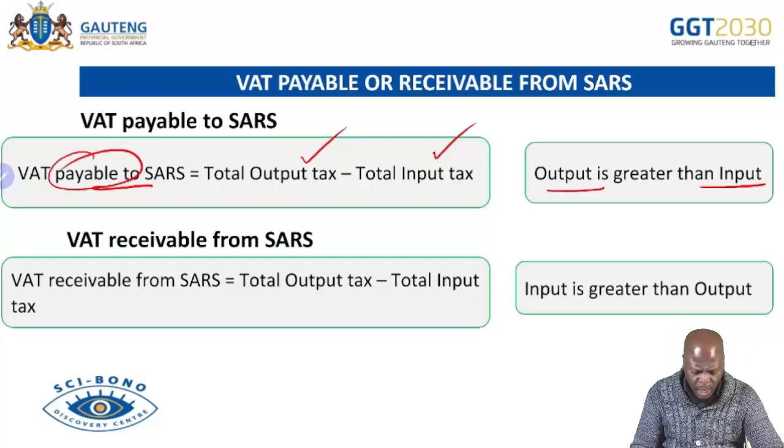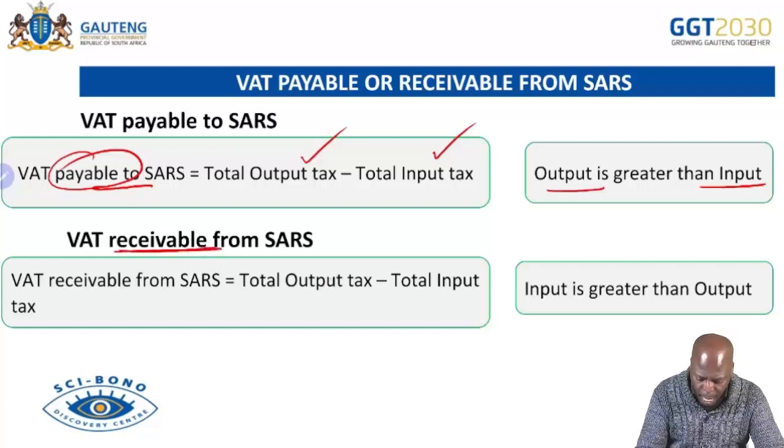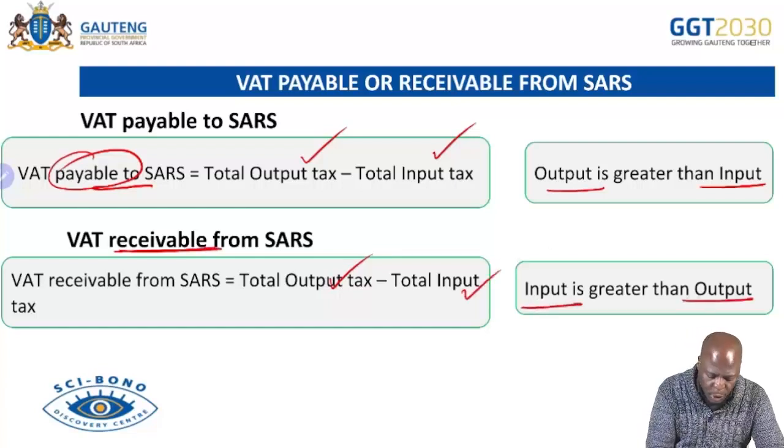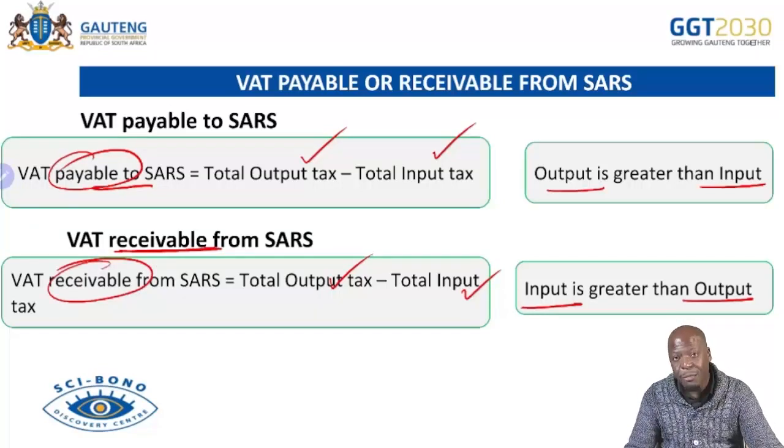If you want to know if VAT is receivable from SARS, you again take your output tax, subtract your input tax, and if the input is greater than your output, then you should know it is receivable from SARS. This is very, very important.